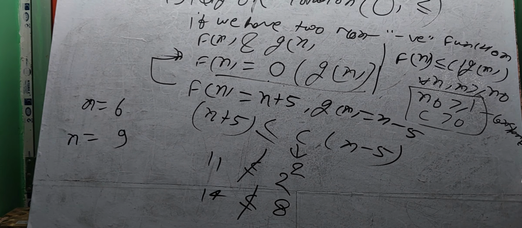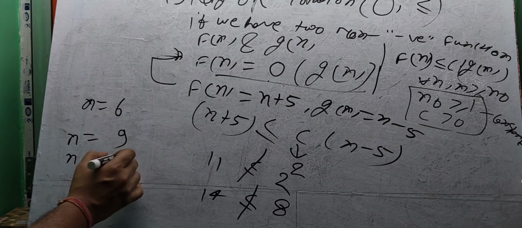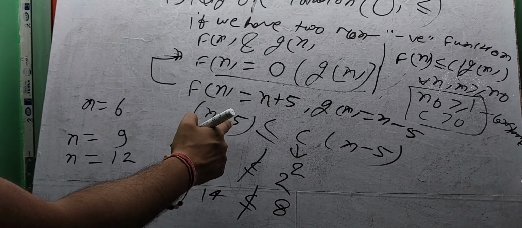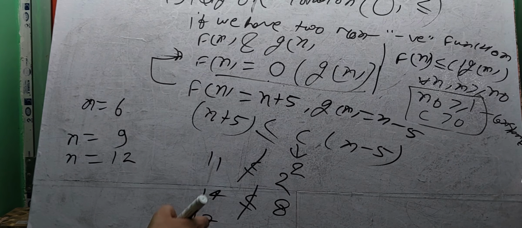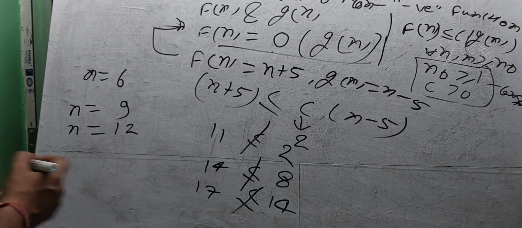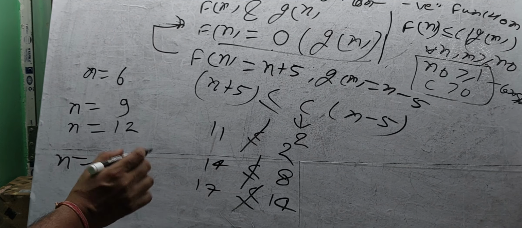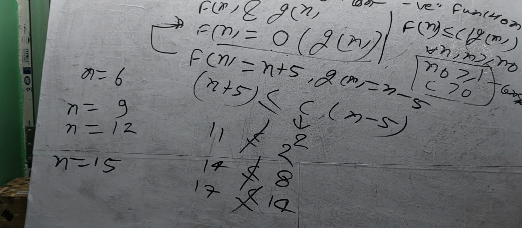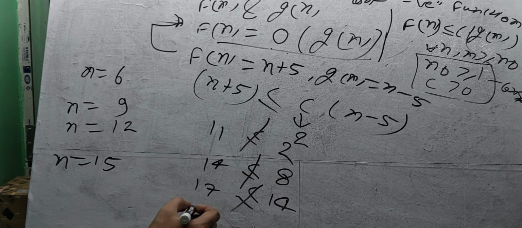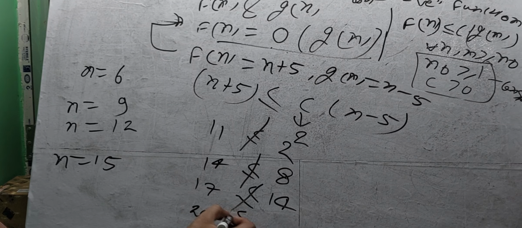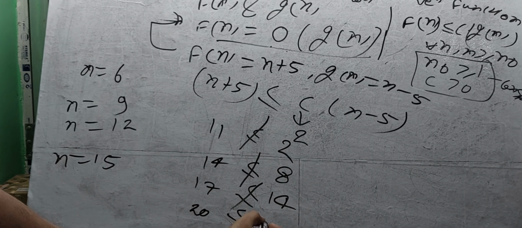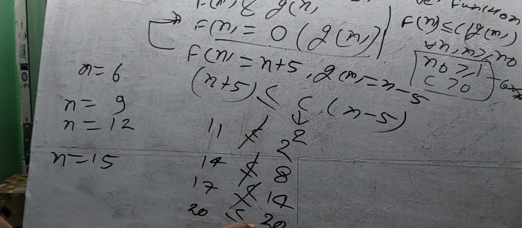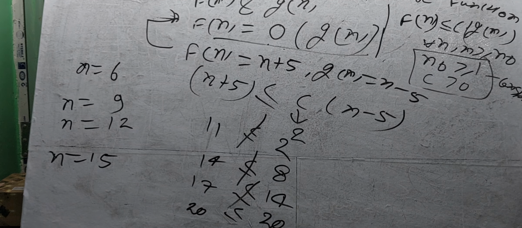So we will take another value, n equal to 12. 12 plus 5 is 17, and 12 minus 5 is 7 into 2, that is 14. It also does not hold good. Then we will take n equal to 15. If we take n equal to 15, then the left gives 20, and 15 minus 5 is 10 into 2, that is 20.